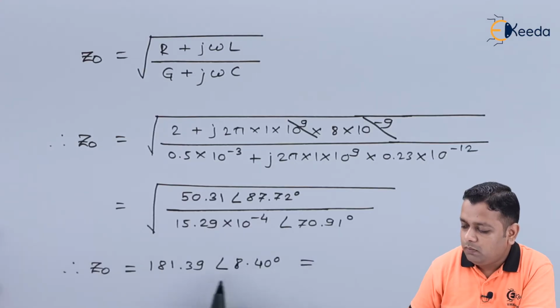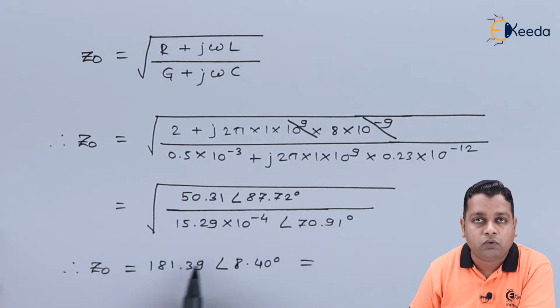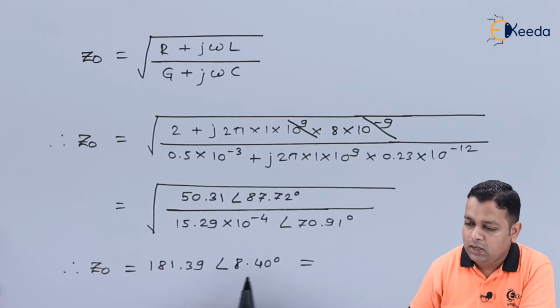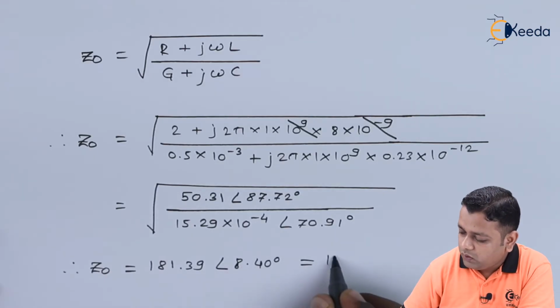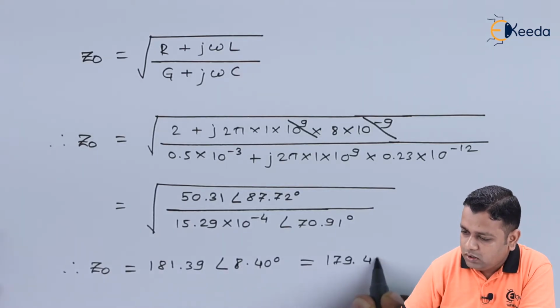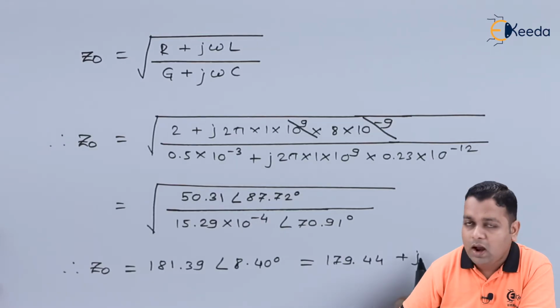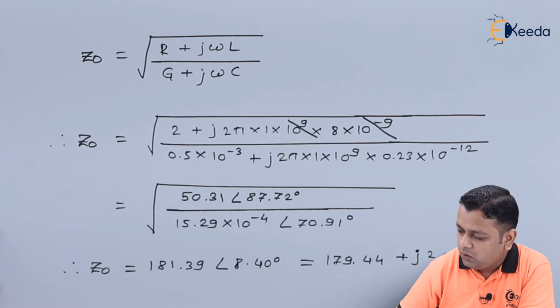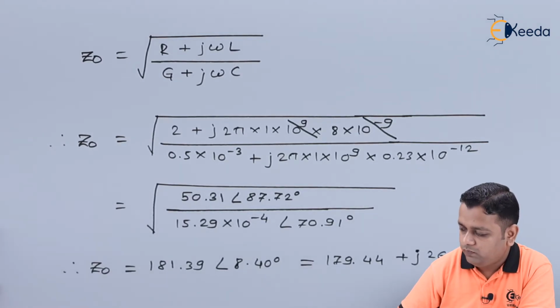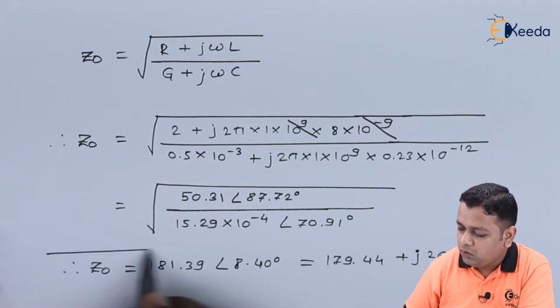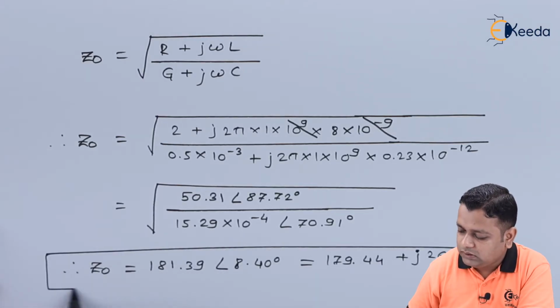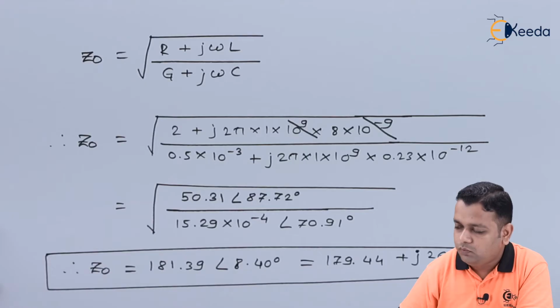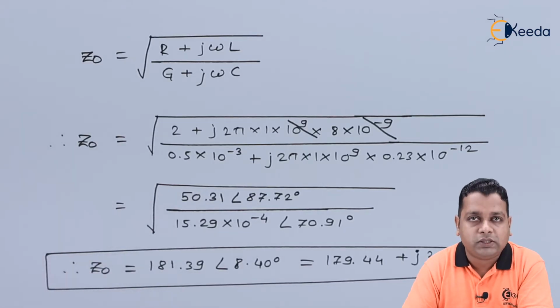Doing the reverse conversion from polar form to complex domain, we obtain the real part 179.44, added with the imaginary part j times 26.50. So this is the value of characteristic impedance represented both in polar and complex domain.